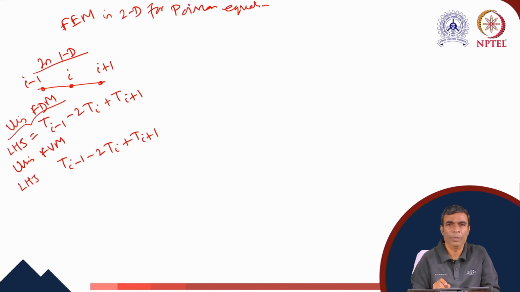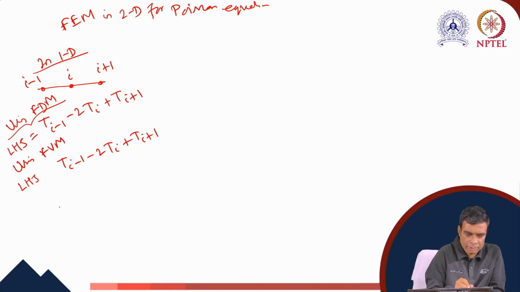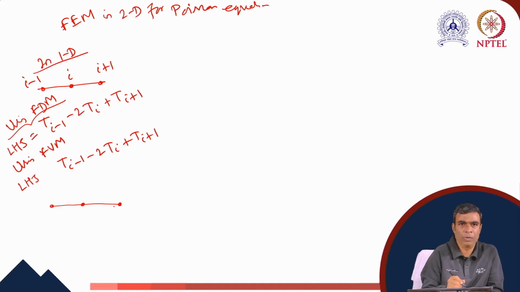Now, when we use the finite element method for the same problem in one dimension, it is found that the equations obtained from finite difference and finite volume method do not differ from those obtained using the finite element method. Let us consider the same picture for the mesh. So we have 3 nodes.